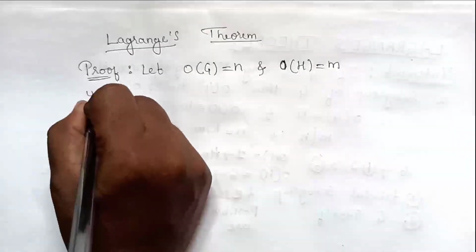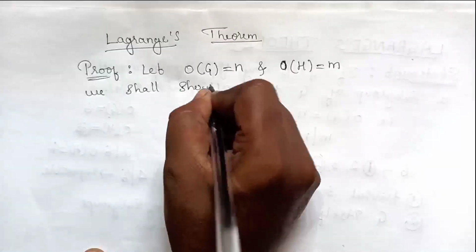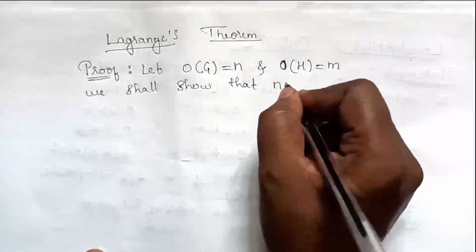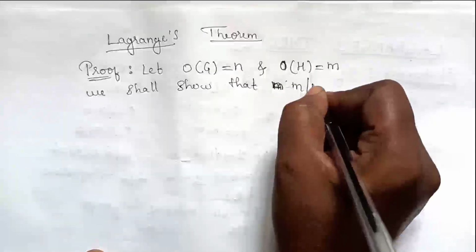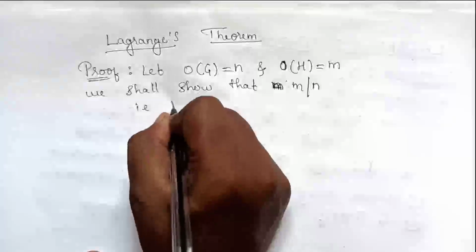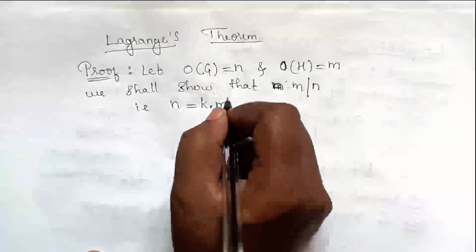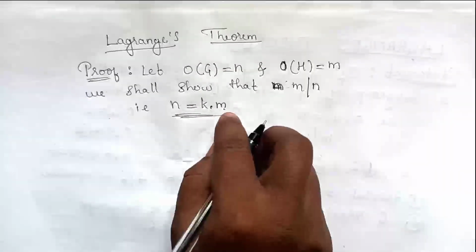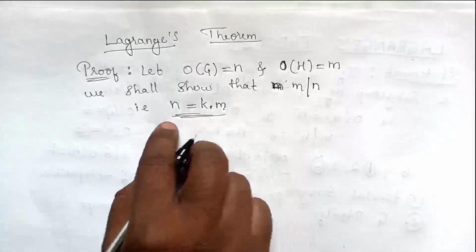Then we shall show that m divides n, that is, we have to show that n can be written as k times m. If we show that n equals k times m, then this is the proof.